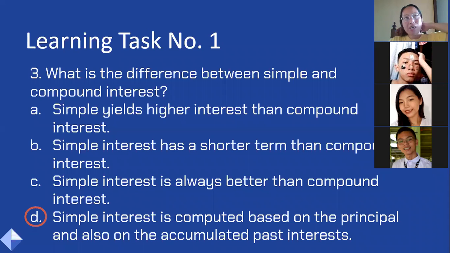So if you are the borrower, the one borrowing something, simple interest will always be better than the compound interest. But if you are the investor, the one putting out the money, it's always better to have the compound interest than the simple interest. So later we will see why.